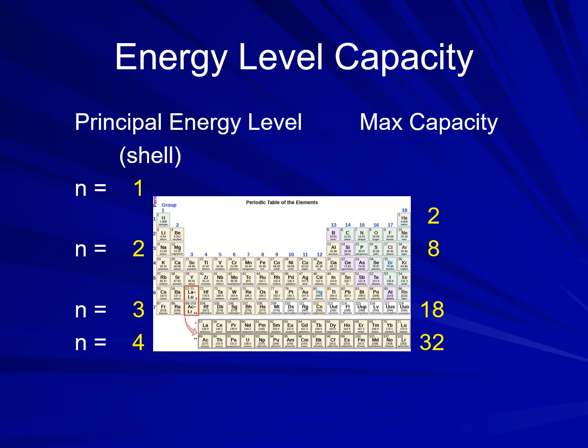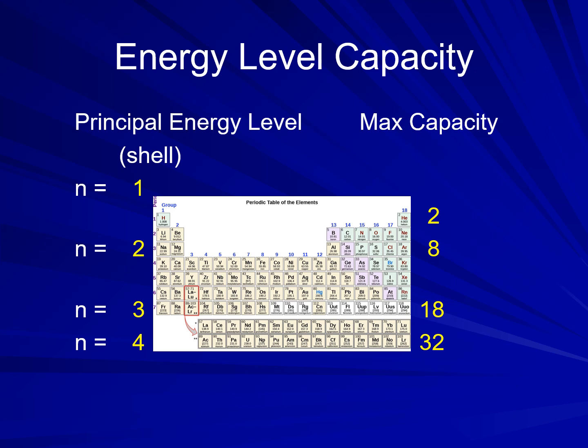This is where things get interesting. If you look at that third energy level and you count across, you only see 8, but the max capacity for that third energy level is 18. Those other 10 are that first transition group, starting with scandium and going to zinc.